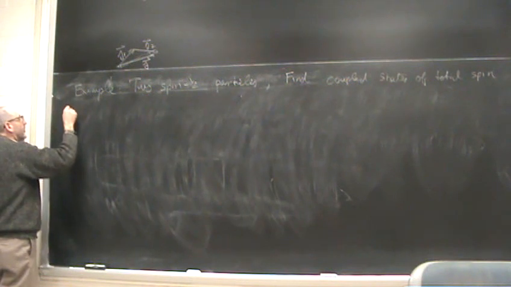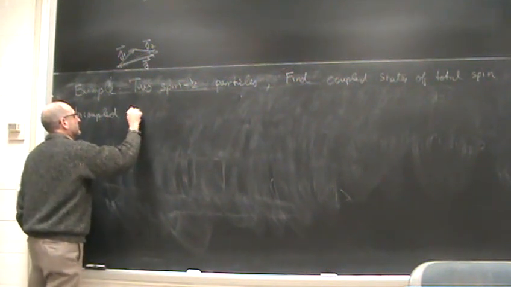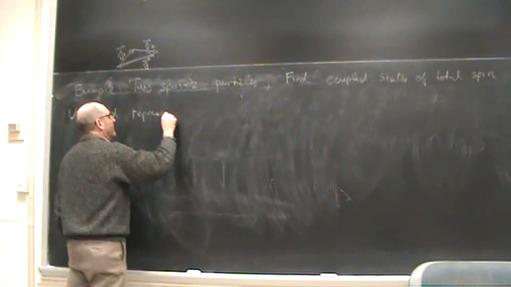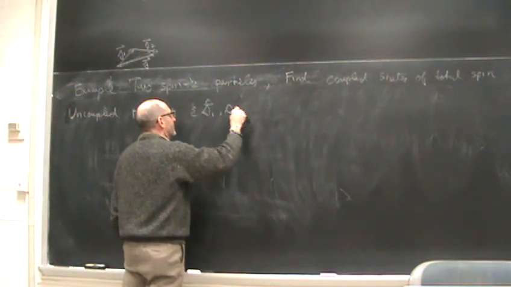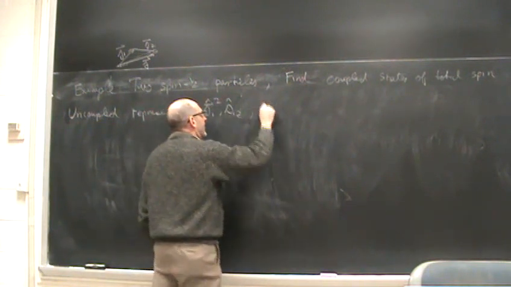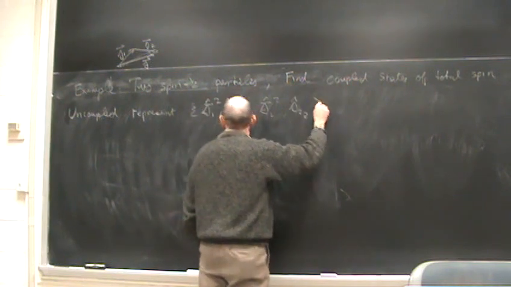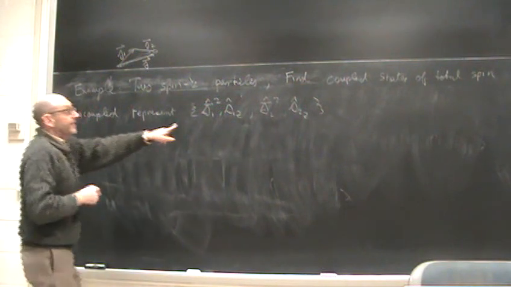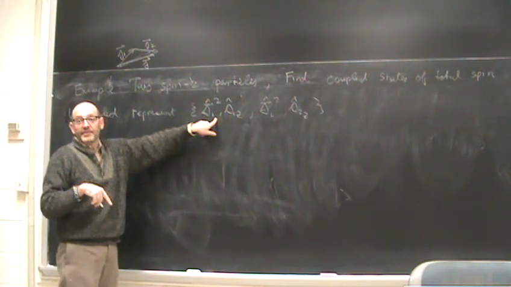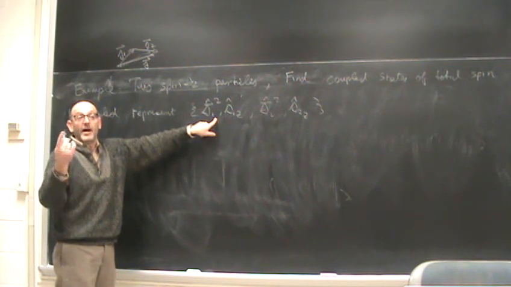We have the uncoupled representation, which are the simultaneous eigenstates of S1 squared and S1 sub z and S2 squared and S2 sub z, right? Each one of these are the states S, m sub s, but in those are the two states spin up and spin down.